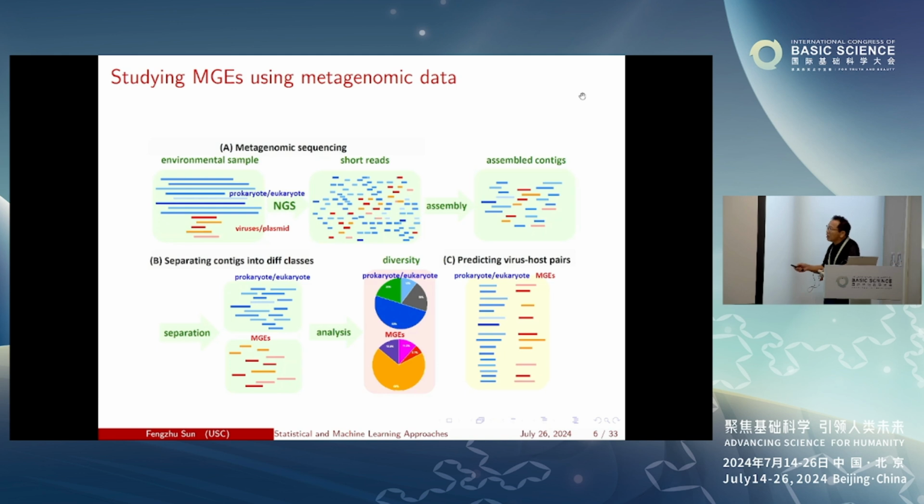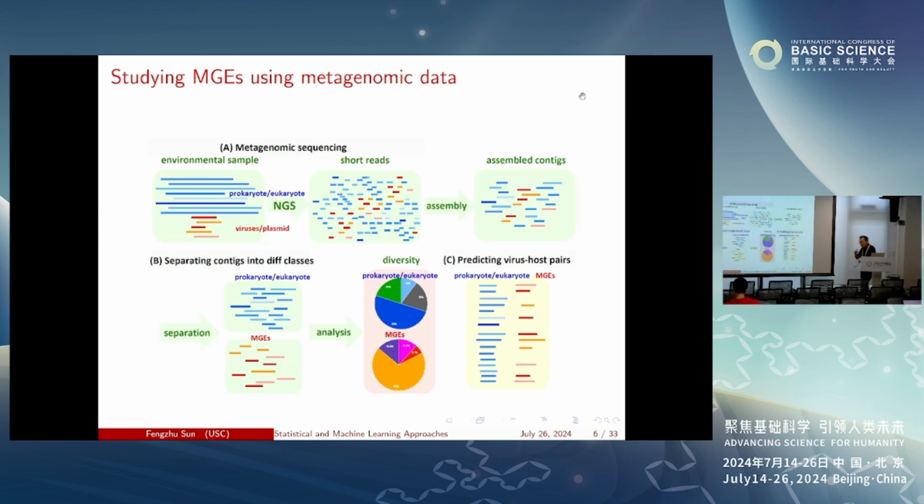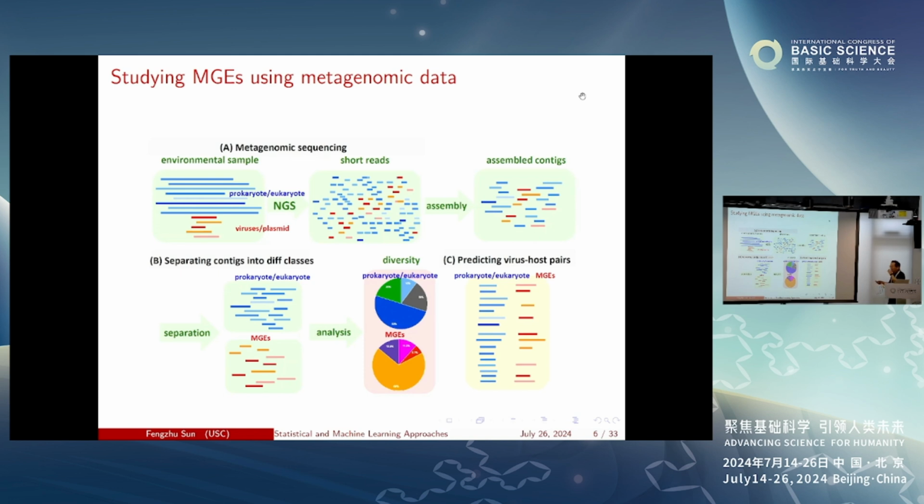So we use other people's programs, we do assembly, and then we get longer sequences. Those sequences should connect to each other, and they come from the consecutive regions of the same genome. And so we call those the contigs. So that's the first concept, it's contig.